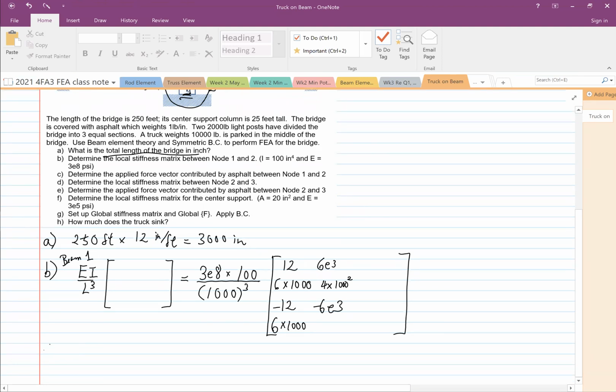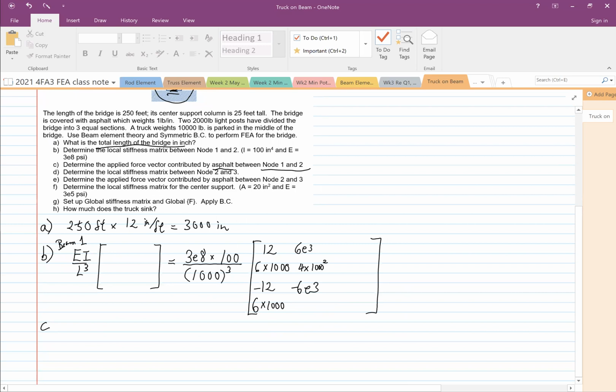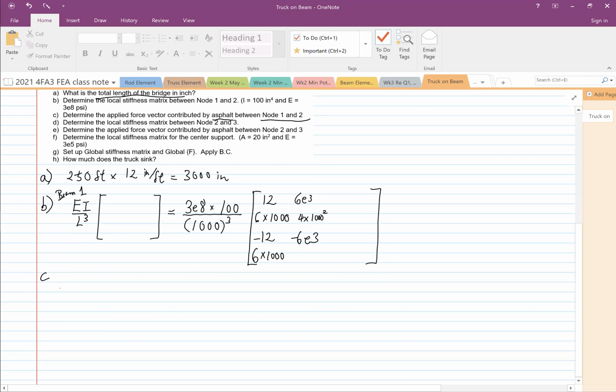Okay. Question C. Apply force contributed by the S-flat between nodes 1 and 2. So easy. This will be the force on beam 1. You know what? I'm not going to rewrite the formula.